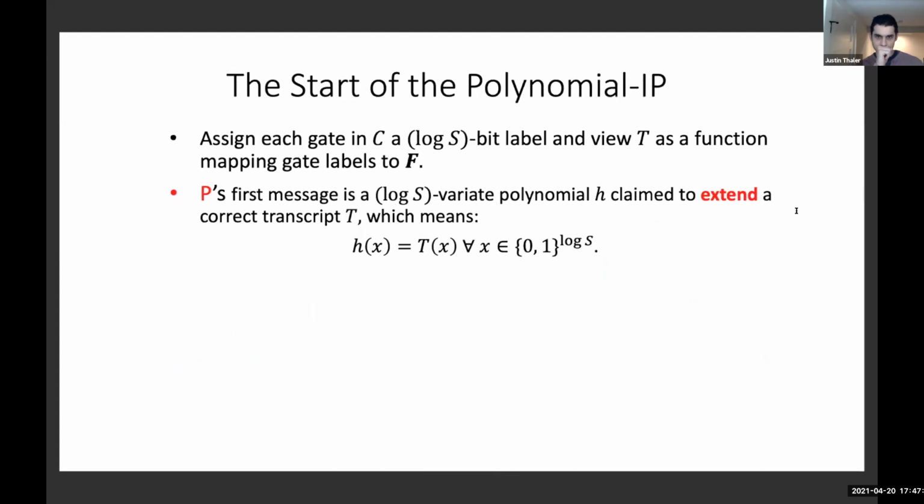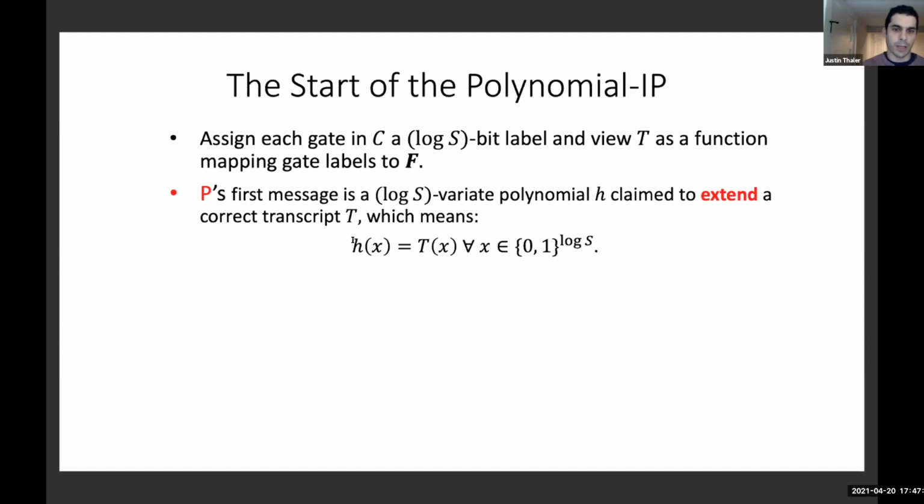And in the polynomial IP, what we do is the following. We view each gate as being labeled with a log S bit vector, where S is the size of the circuit. And we view the transcript as a function mapping gate labels to their values. The prover's first message in the polynomial IOP is simply a multivariate polynomial, which is claimed to extend, or if you want, encode, a correct transcript.